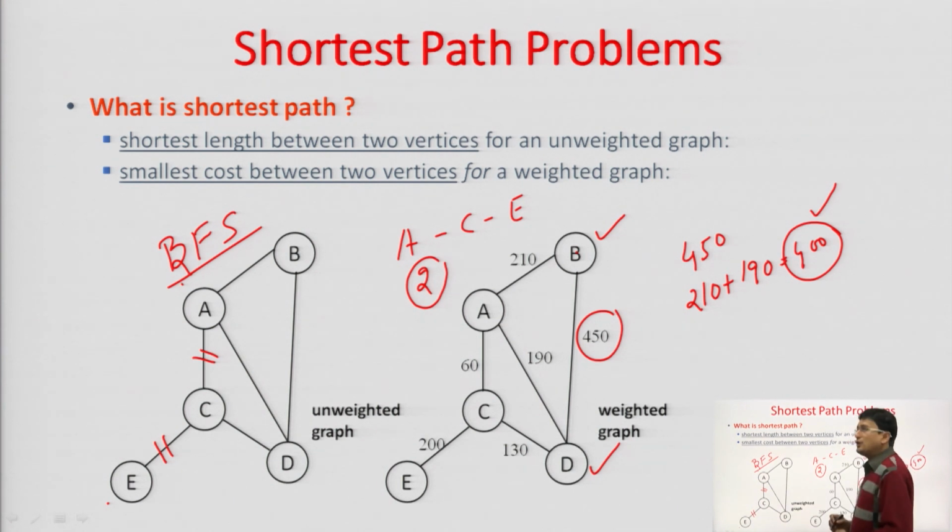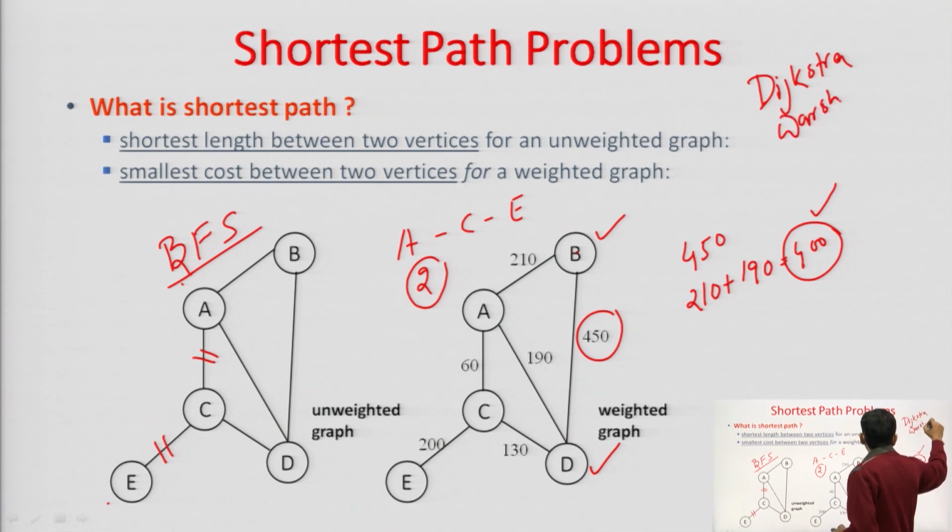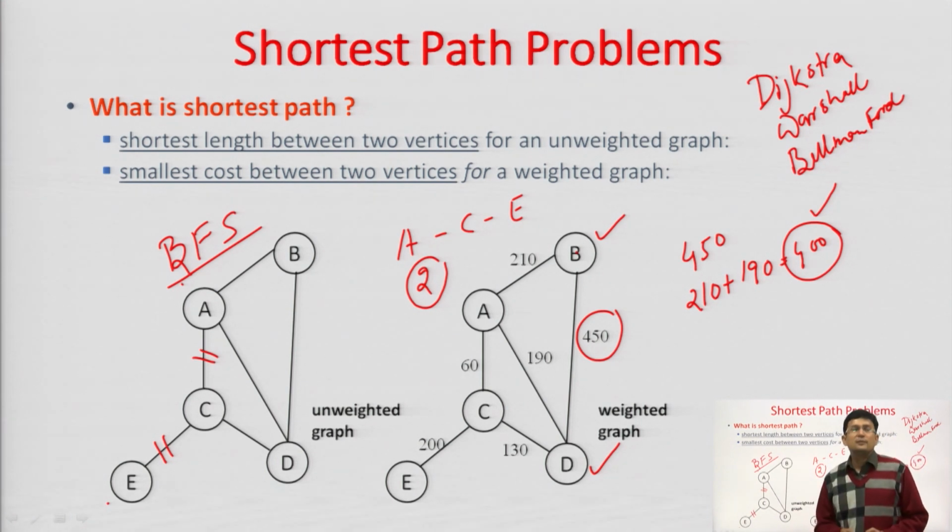But for finding the shortest path between a pair of stations, maybe a single pair, maybe multiple pairs, you may need algorithms like Dijkstra's algorithm and Warshall's algorithm. In case the weights are negative, you may need an algorithm like the Bellman-Ford algorithm. So we shall see them one by one, and today's agenda would be to find the shortest path between every pair of vertices.